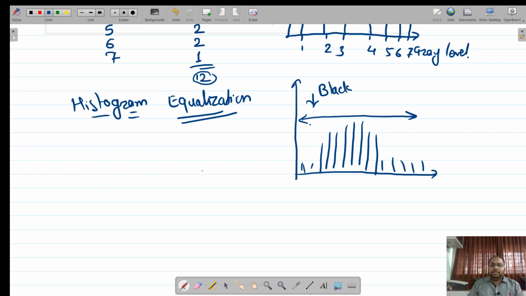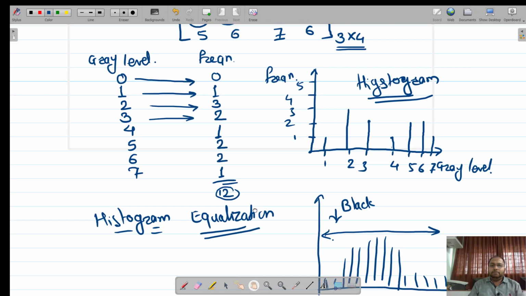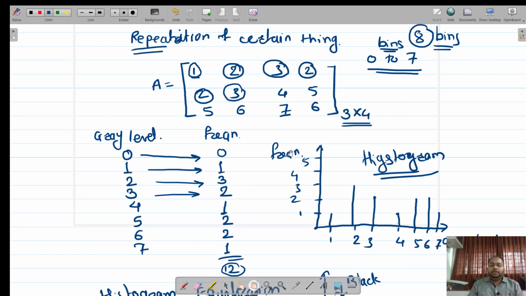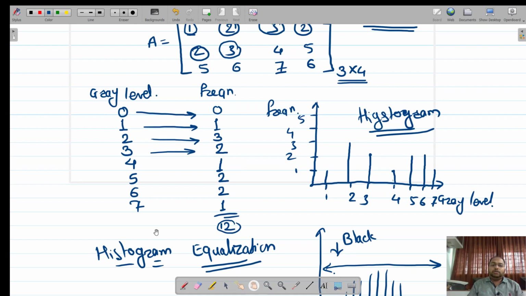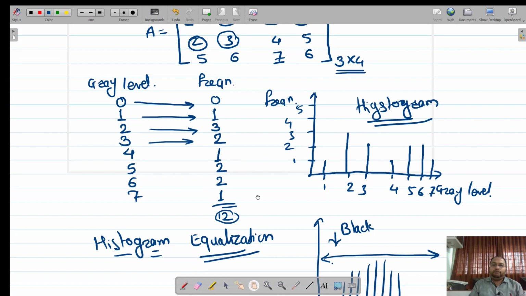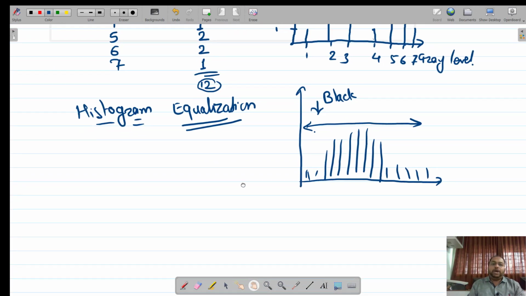Let us take the same example. We have this image and now we are going for histogram equalization. Let us understand what exactly the algorithm is that we are going to follow.